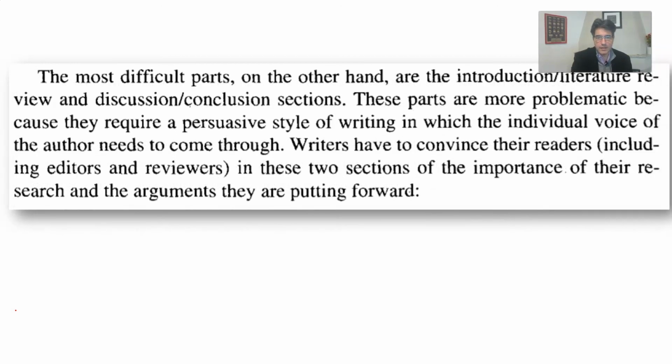But the difficult parts are the introduction, which we've covered a lot, and the discussion and conclusions. And these parts are more problematic because they require a persuasive style of writing in which the individual voice of the author needs to come through. Writers have to convince their readers, including editors and reviewers, in these two sections of the importance of their research and the arguments they are putting forward.